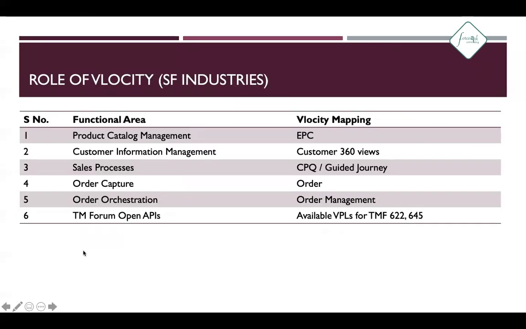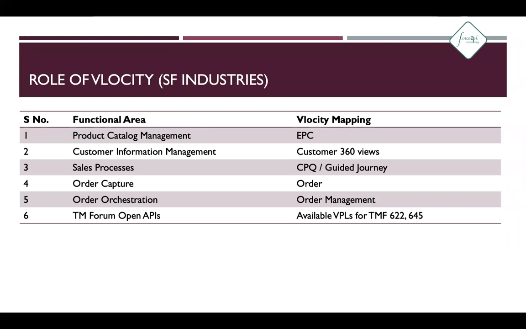Fine. So this is a high-level mapping I have done of which module of Vlocity maps to which functional area, that you touch upon when you're doing your comms journey. Product catalog management is managed using the EPC, the Enterprise Product Catalog in Vlocity.